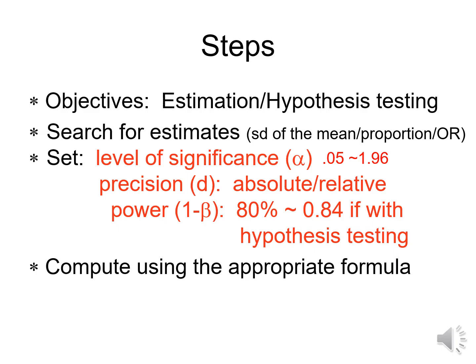By estimates, we mean the standard deviation of the mean, the proportion, the difference between means or proportion, the correlation coefficient, or a measure of association such as your odds ratio or your risk ratio.